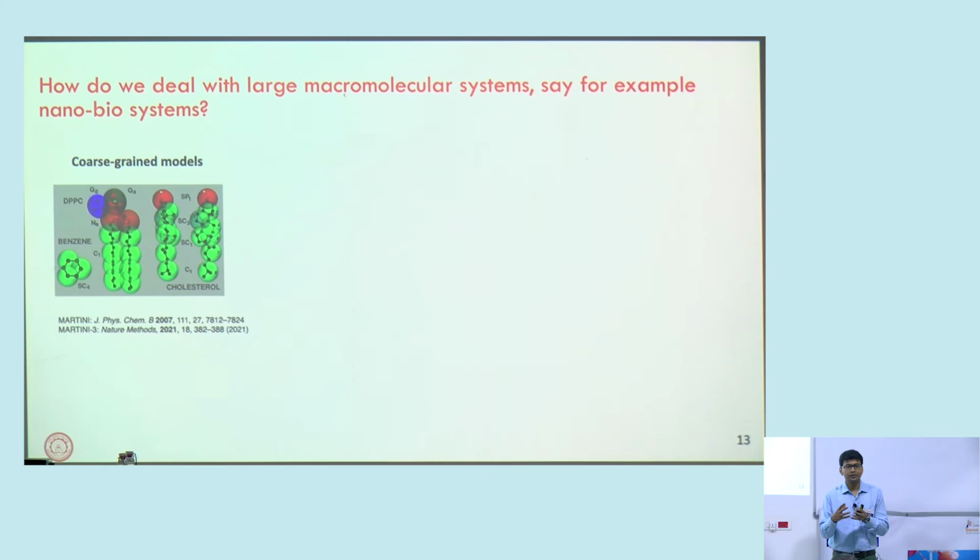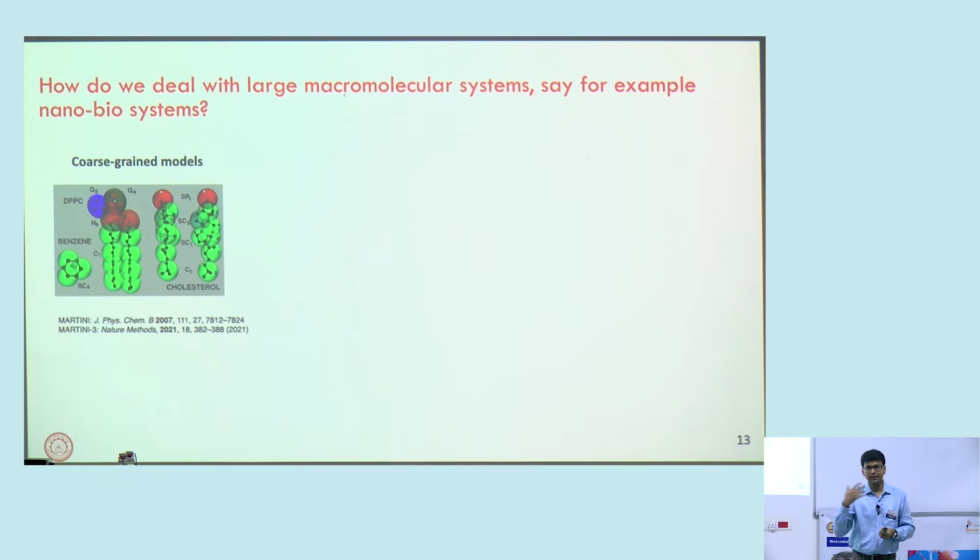So you need to go to something called coarse grain level. So if you think of this benzene here, now it has 6 atoms. If you forget about hydrogens, you can run a simulation with a 6 atom benzene. But if you have 1 million, 1 billion benzene, then what you do is instead of taking 6 atoms, you take only 3 atoms. So you combine these 2 carbon by 1 bead. It's called coarse grain models.